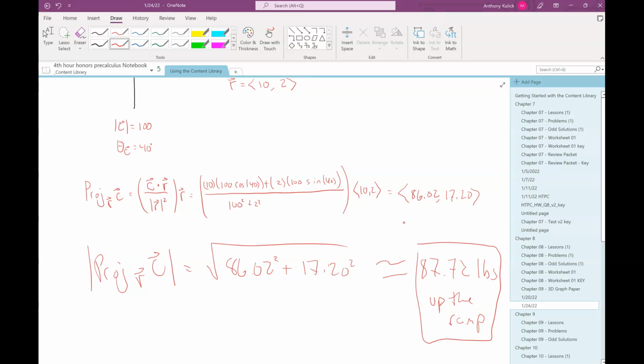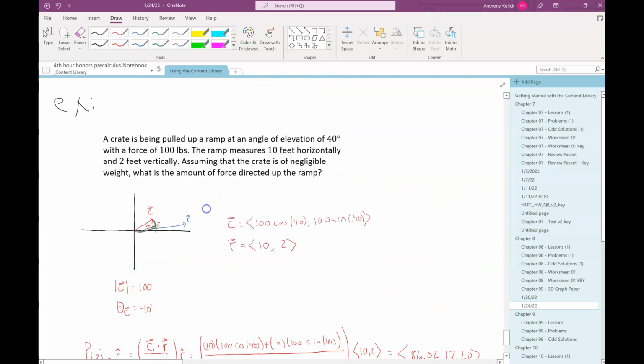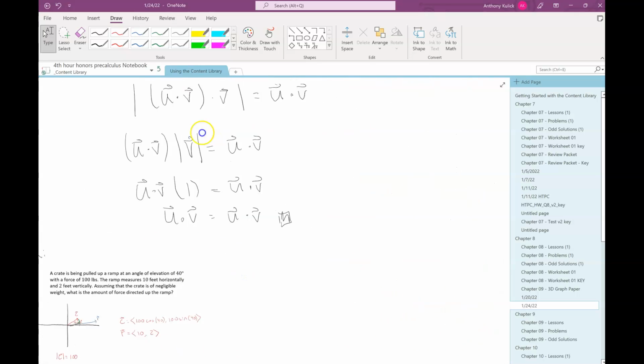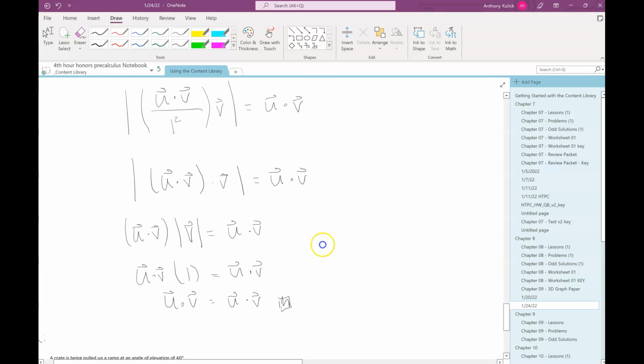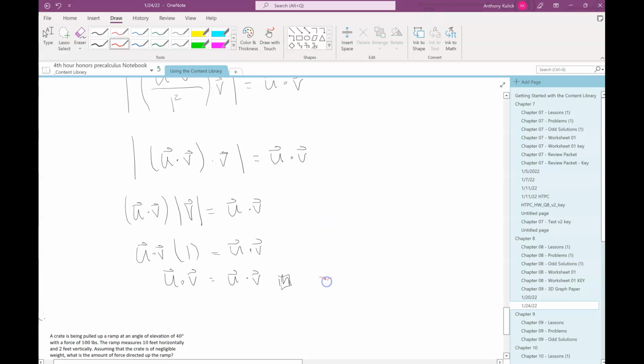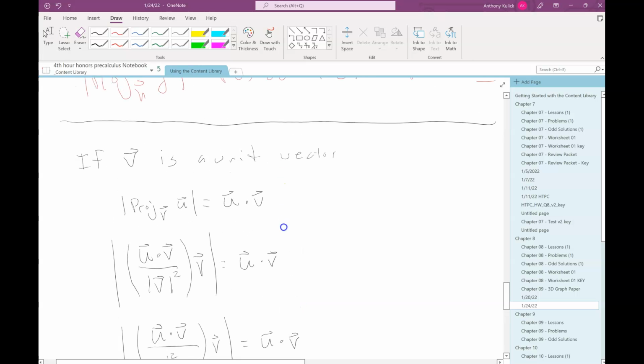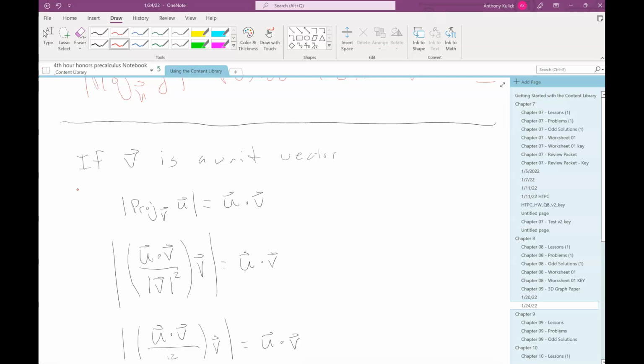Oh! One thing with the shortcut. I forgot this. So we said this, right? And not necessarily true. Here's the one little revision that we would need to make here. When I take the magnitude of something, I'm always getting what kind of a number? Non-negative, right?